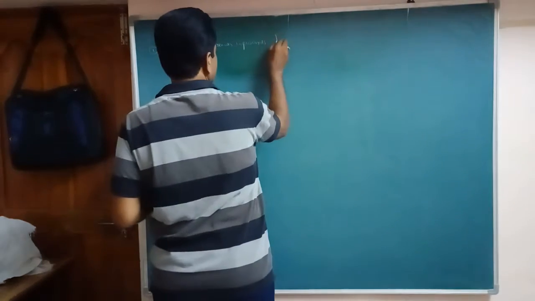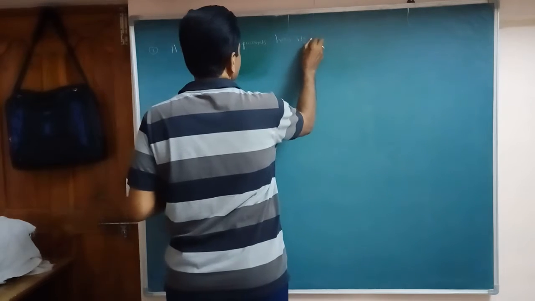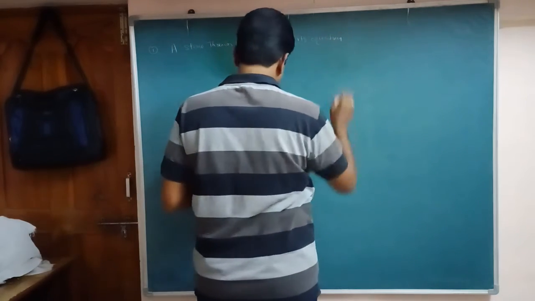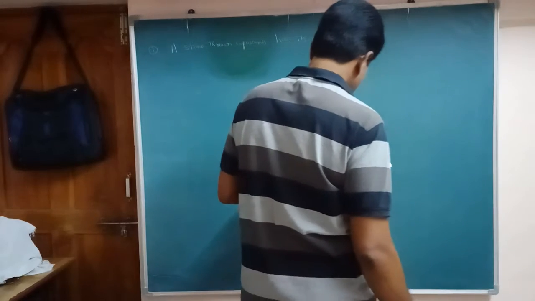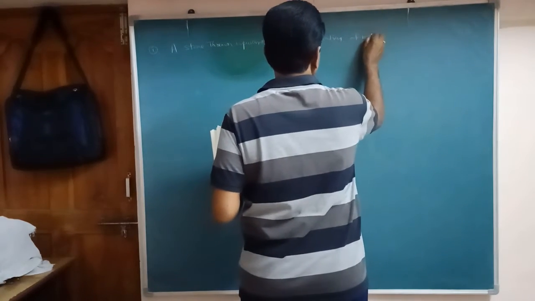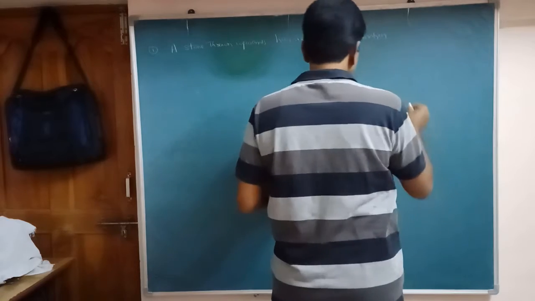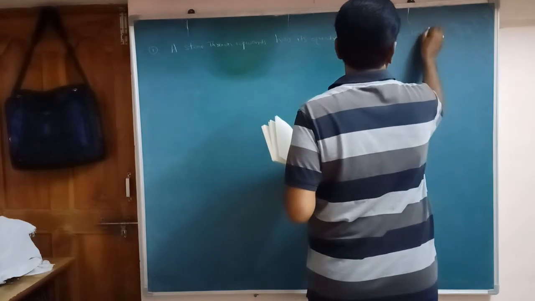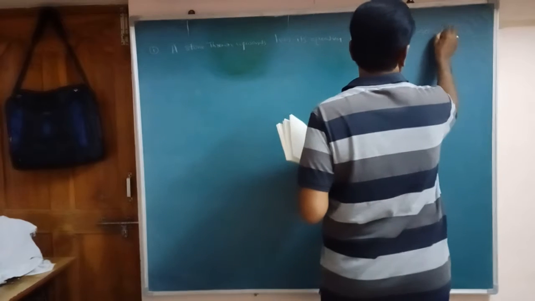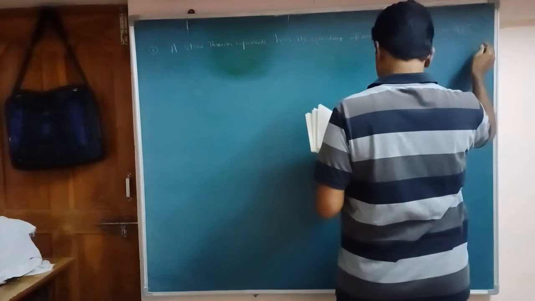First one. A stone thrown upwards has its equation of motion S equal to 490t minus 4.9t square.